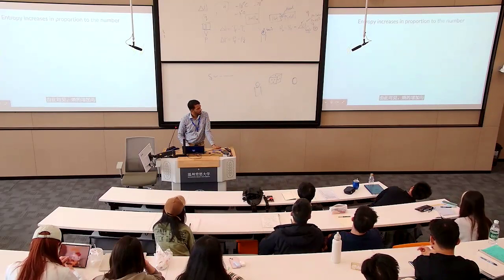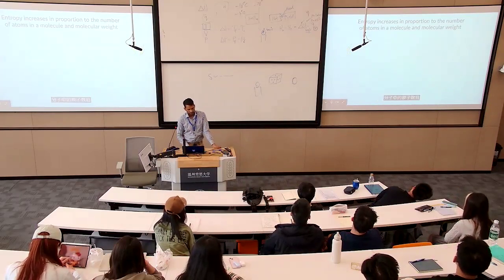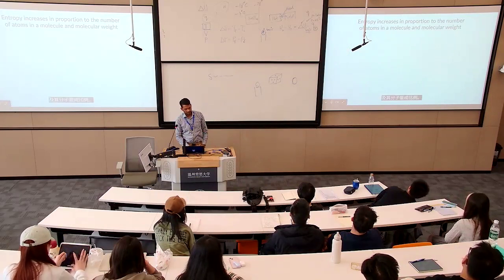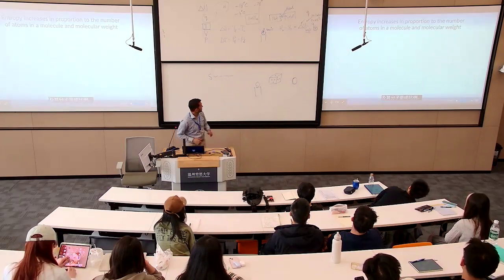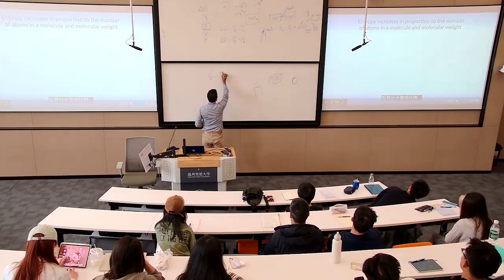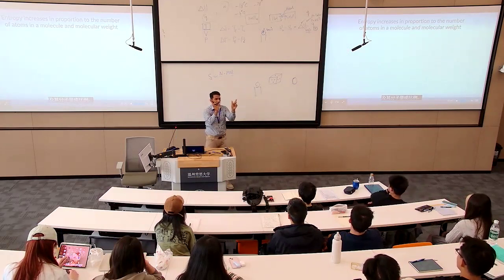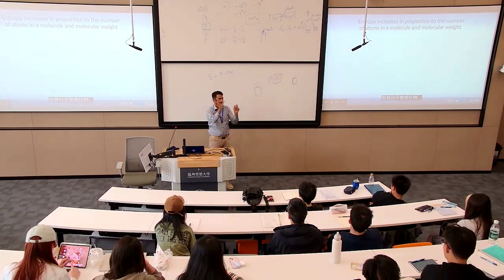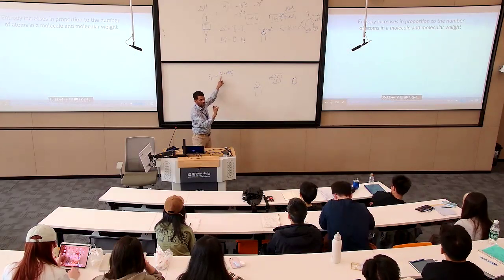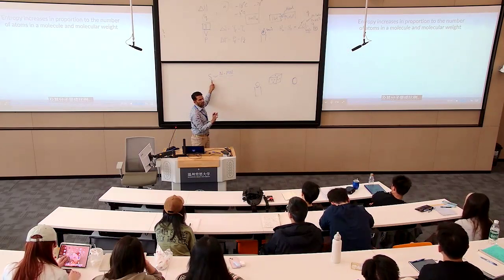It follows that entropy increases in proportion to the number of atoms in a molecule and its molecular weight. So entropy increases with the number of atoms. If I ask you about 2 molecules, and in one molecule the number of atoms is more, it means it has more entropy, okay?